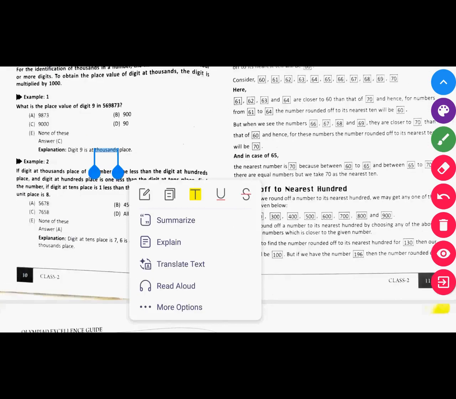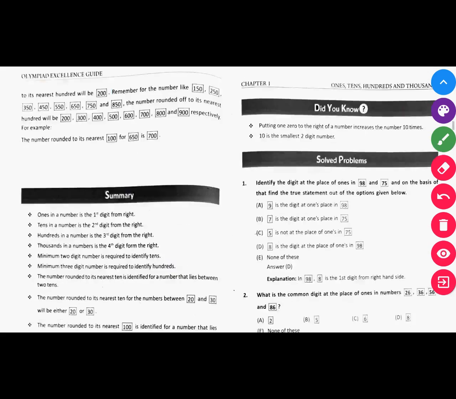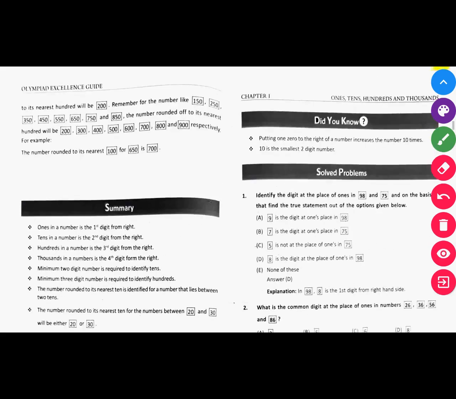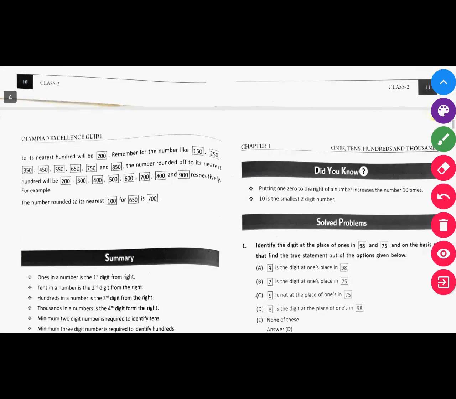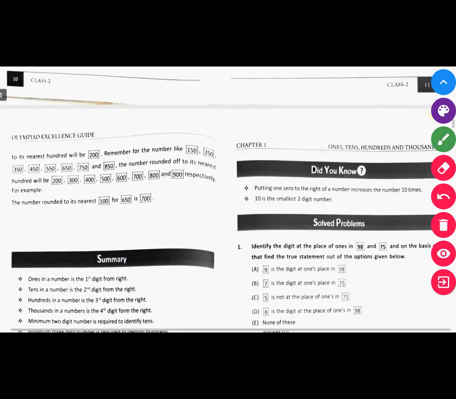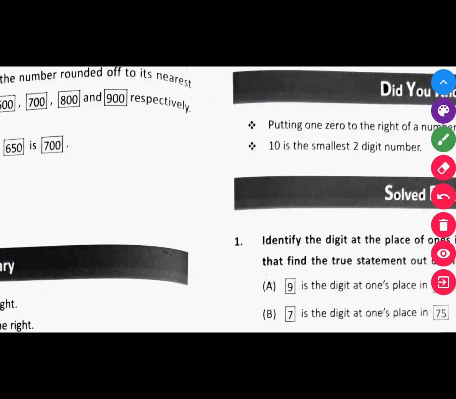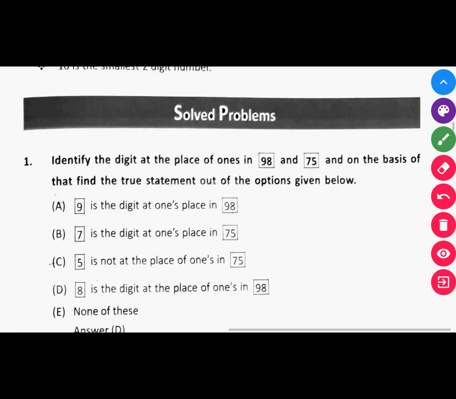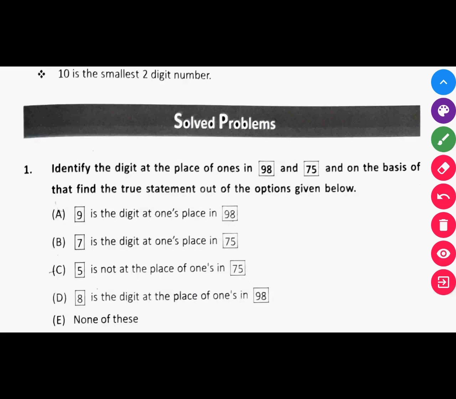As we take examples, we can go through it. Some solved examples we will take shortly, and then we'll move ahead to solve the exercise. One or two solved problems we will take, and then we'll directly move to the practice exercise.